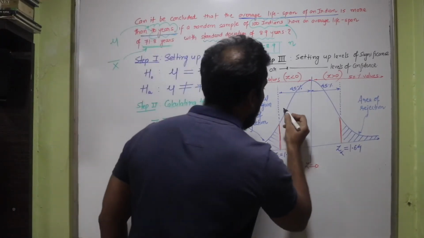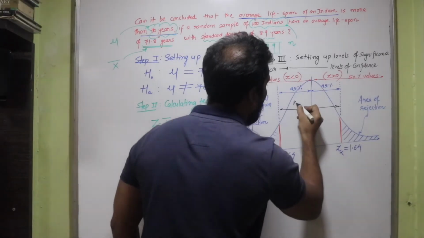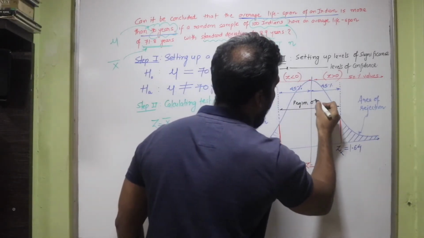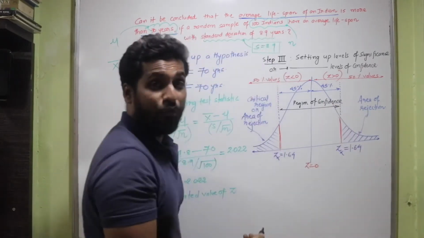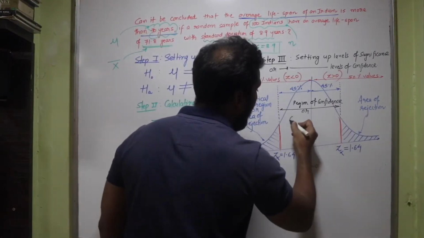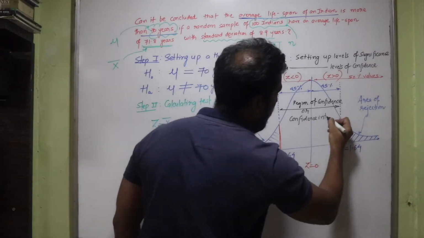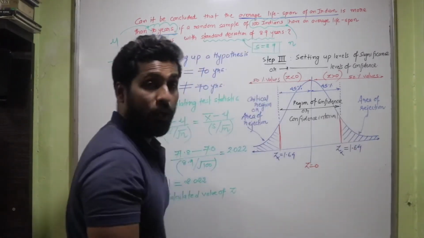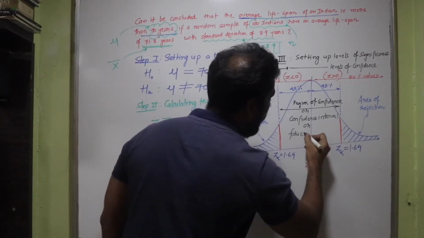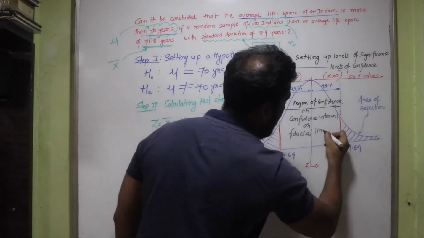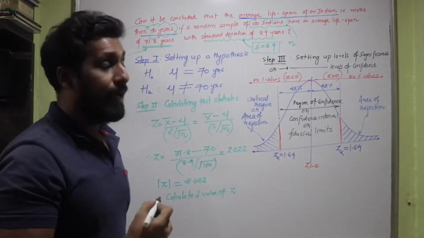So here this region is called the region of confidence. It is a region of confidence, or we can say it is the confidence interval. It is also called the fiducial limits, F-I-D-U-C-I-A-L.